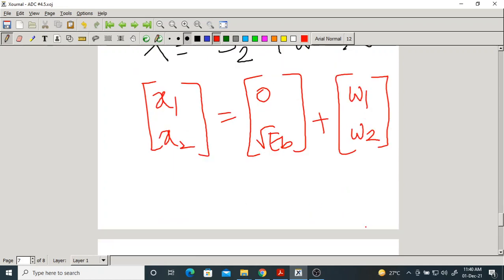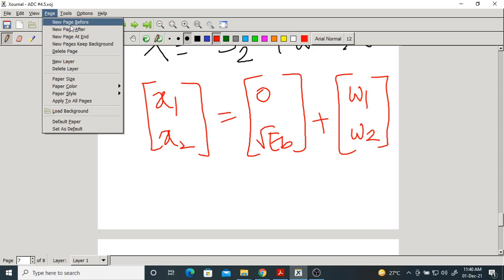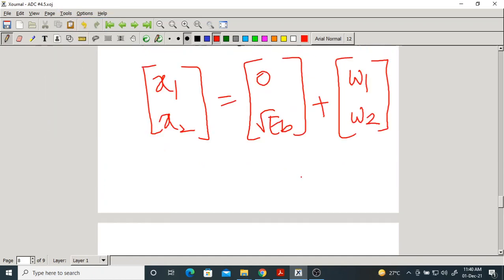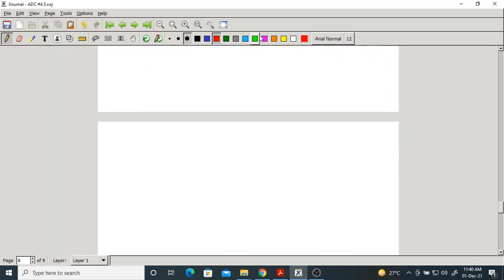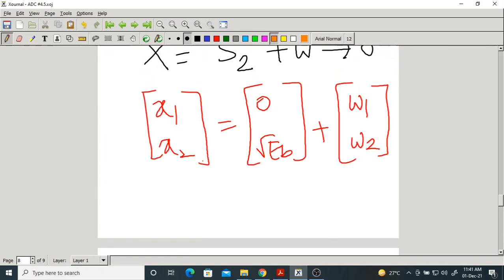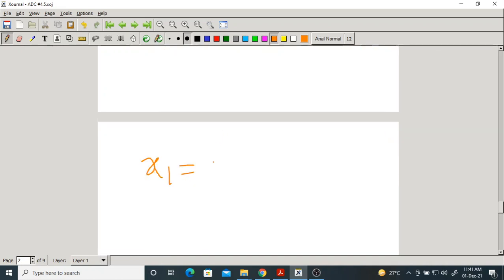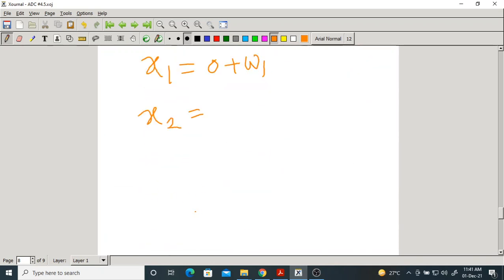So you can clearly write X1 equal to 0 plus W1, that is, W1. X2 equal to root EB plus W2. It is for symbol 0.